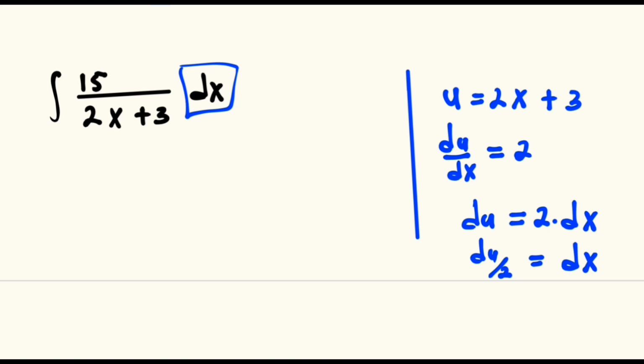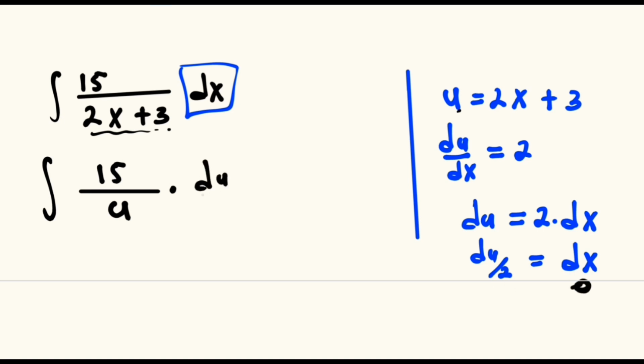So our integral will be 15 divided by, in the place of the 2x plus 3 we substitute the u, and in the place of the dx we substitute du over 2.